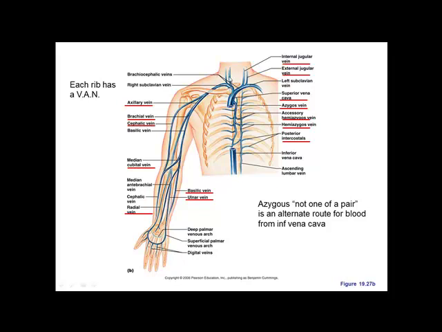Alright, here we can see our external jugular vein and our internal jugular veins. Okay, we go brachiocephalic trunk, subclavian vein, we turn into the axillary, and then our venous system to the arm is going to be a little bit different than the arterial distribution. So check this out. Our axillary vein is going to split into the brachial vein and the basilic vein. You see how this basilic vein goes all the way down here?